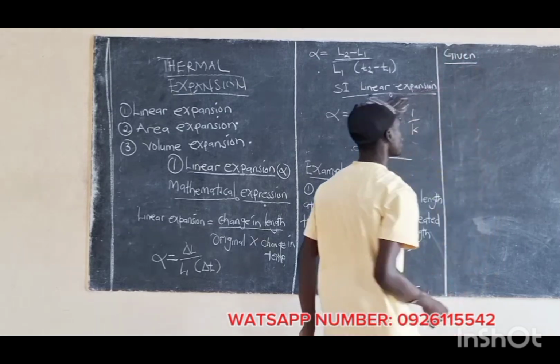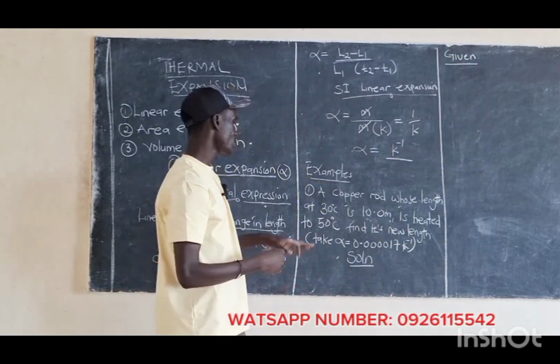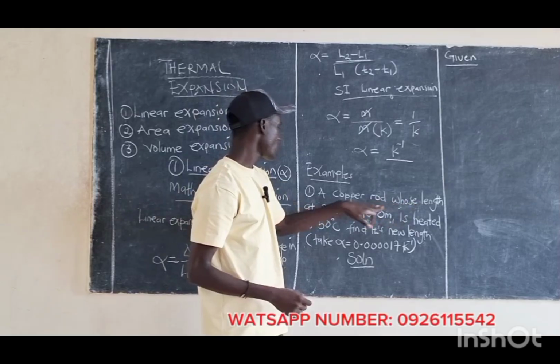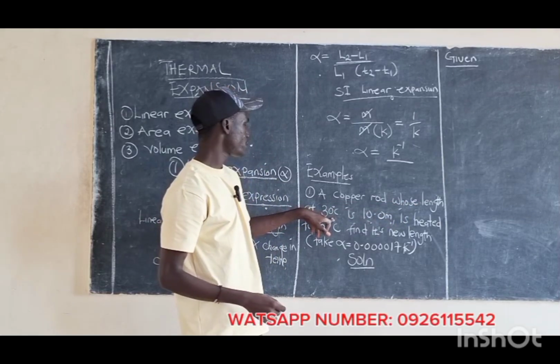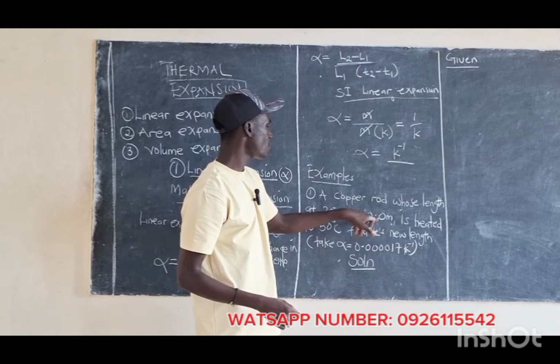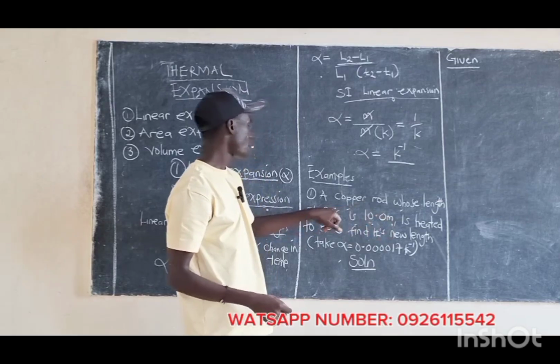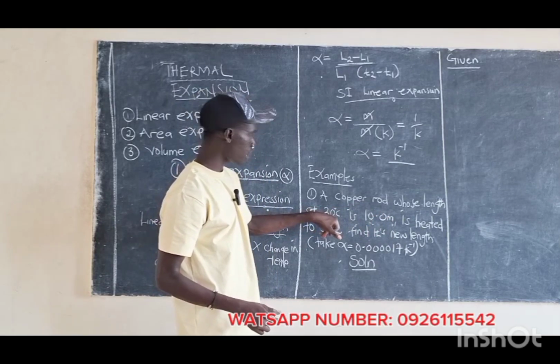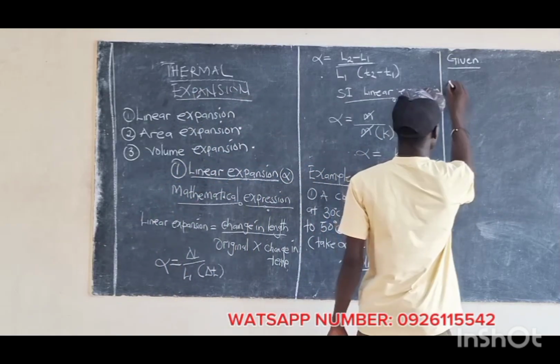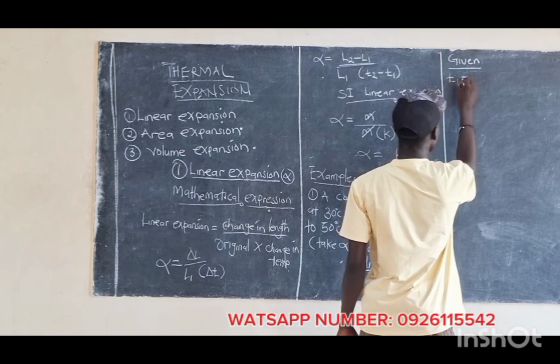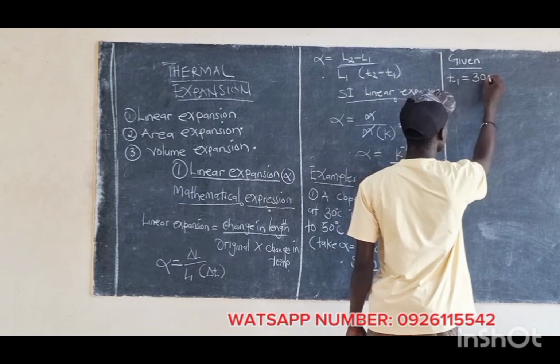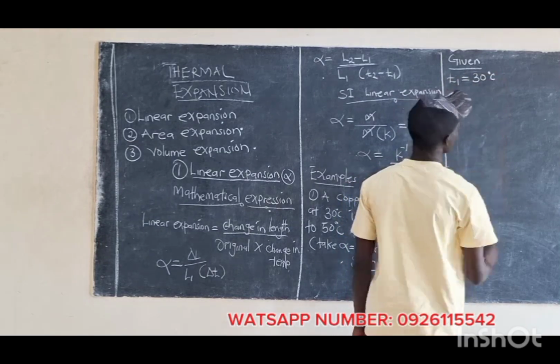Now we list down the given parameters. A copper rod whose length at 30 degrees Celsius is heated 10.0 meters. Now here we have temperature 1. Let's put it down, T1 as 30 degrees Celsius.